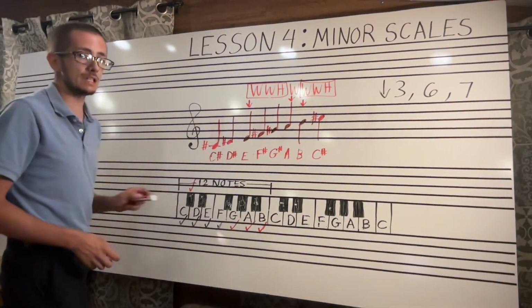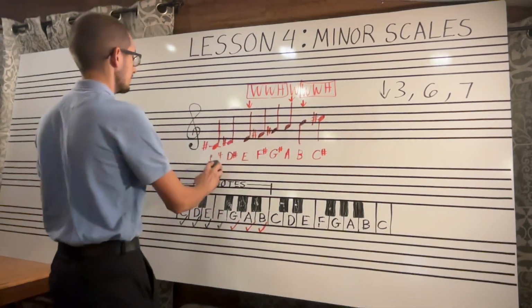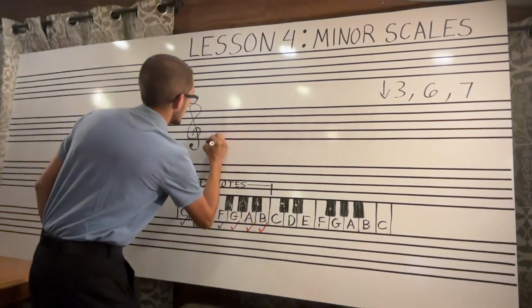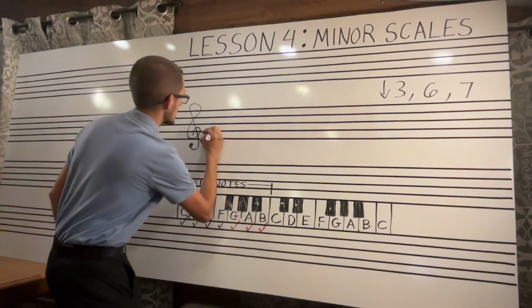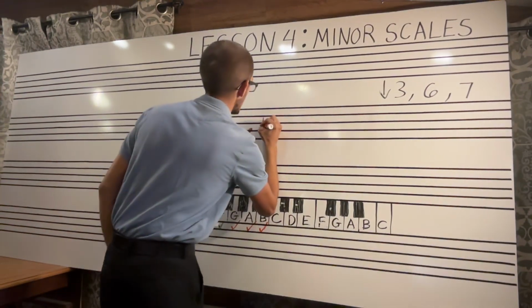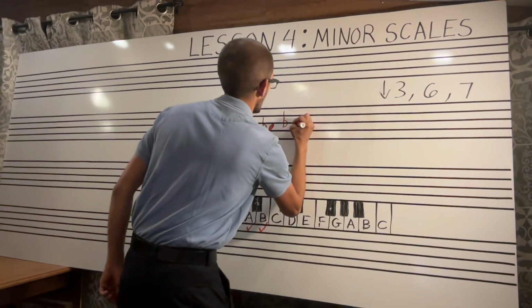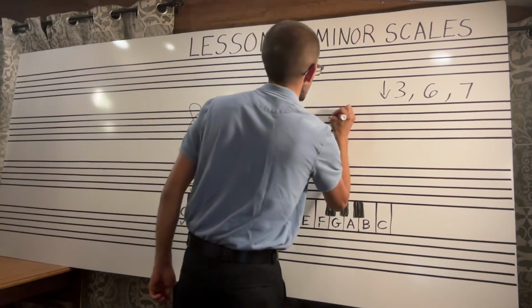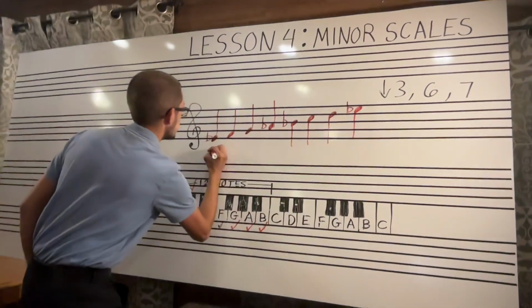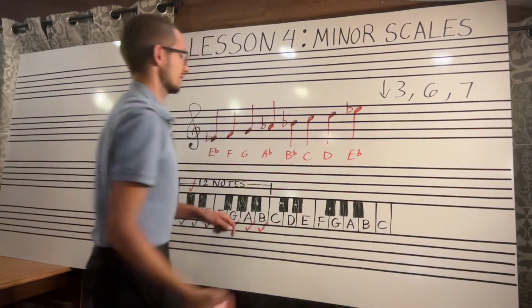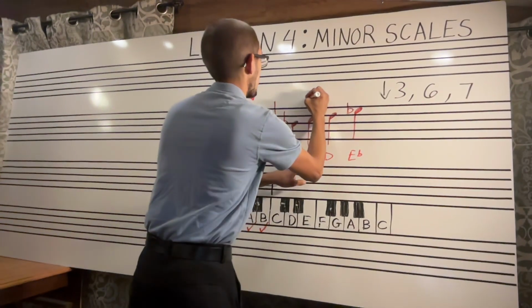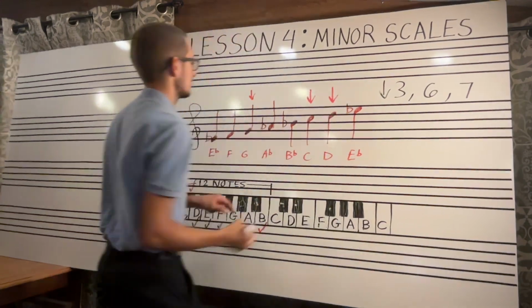Let's do our E flat natural minor scale. We'll start off with our E flat major scale, which has the notes E flat, F, G, A flat, B flat, C, D, and E flat. Now let's lower the third, the sixth, and the seventh.